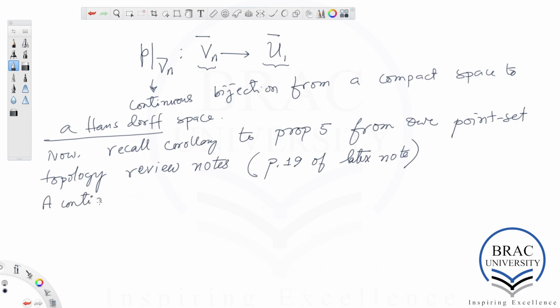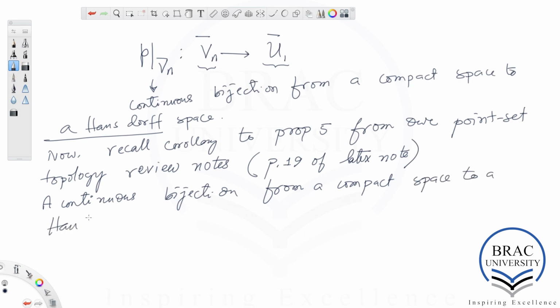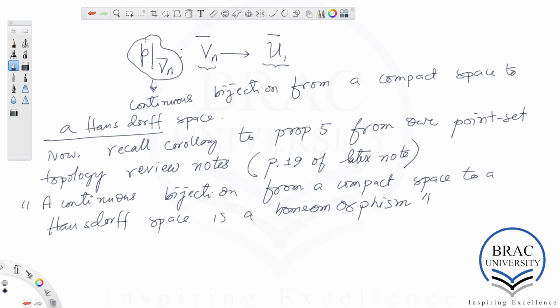Let me write it for you here. A continuous bijection from a compact space to a Hausdorff space is a homeomorphism, which proves that this map p restricted to the closure of Vn is a homeomorphism.